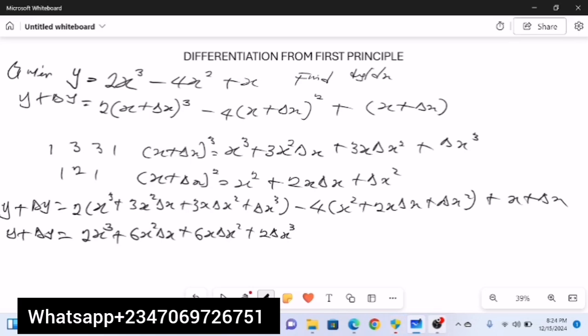Now using -4 to expand this other bracket, I'll have minus 4x to the power of 2 minus 4 times 2, that gives us minus 8x change in x, minus 4 change in x squared, plus x plus change in x.